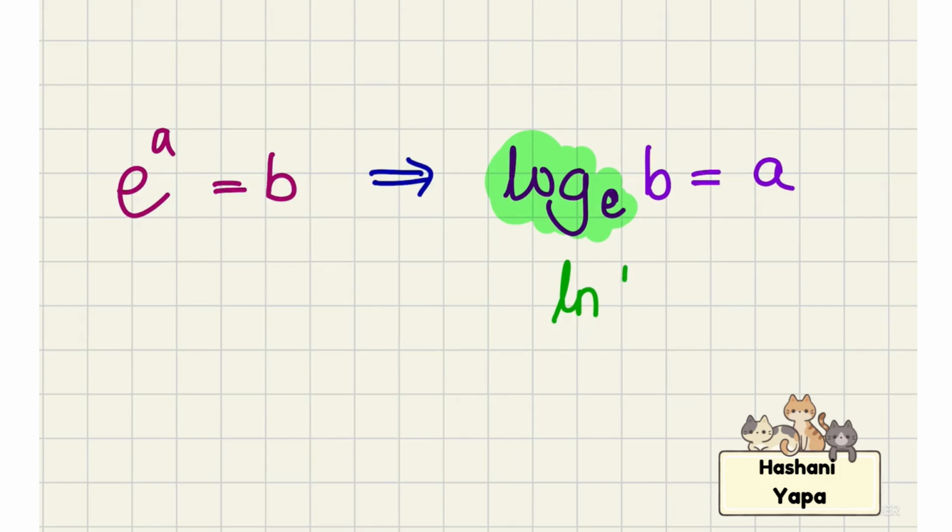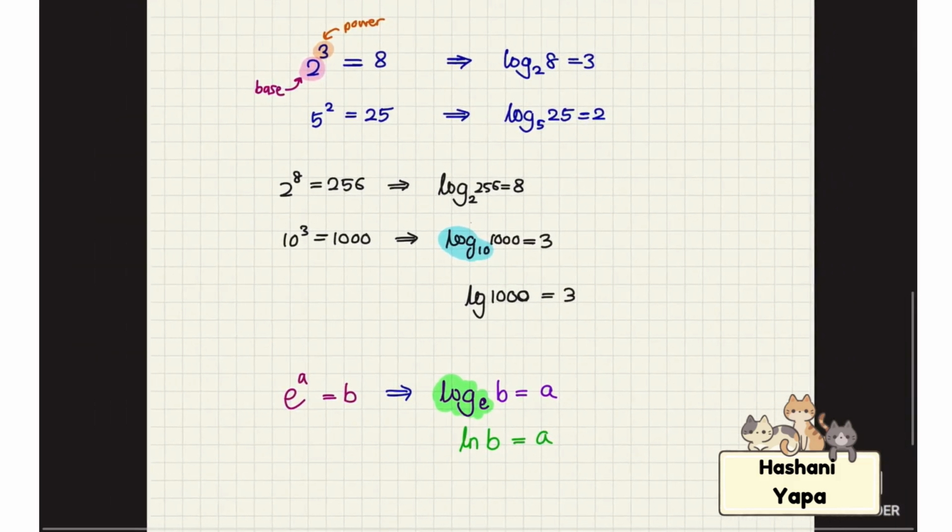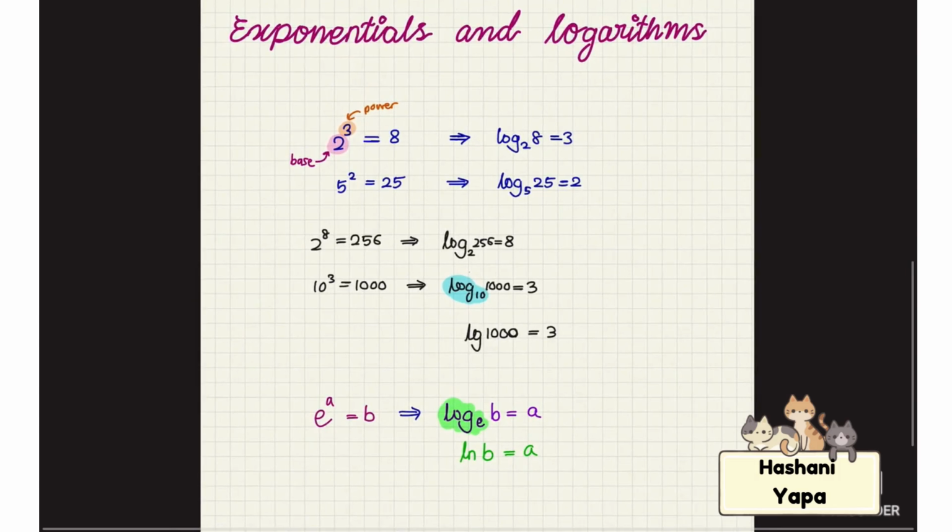So ln b is equal to a. Log e is equal to ln, and ln b is equal to a according to this format. These are the basic things that you need to know.